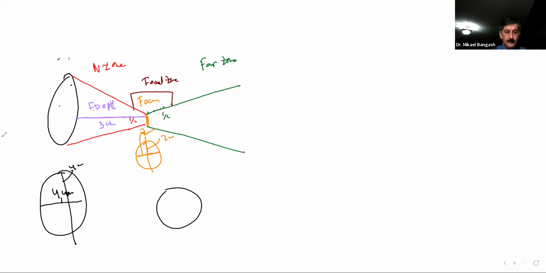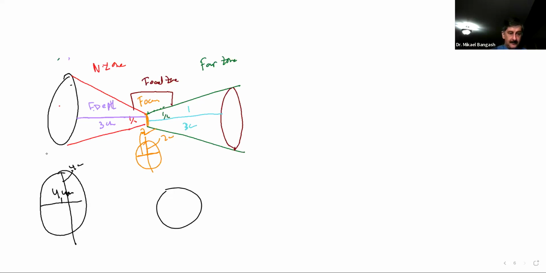Now, one thing that you can be asked about is, what will be the diameter of the beam here? That can be asked in different ways. They can say 3 centimeters off your focal point, so this distance here is also 3 centimeters, which is the same as your focal depth.